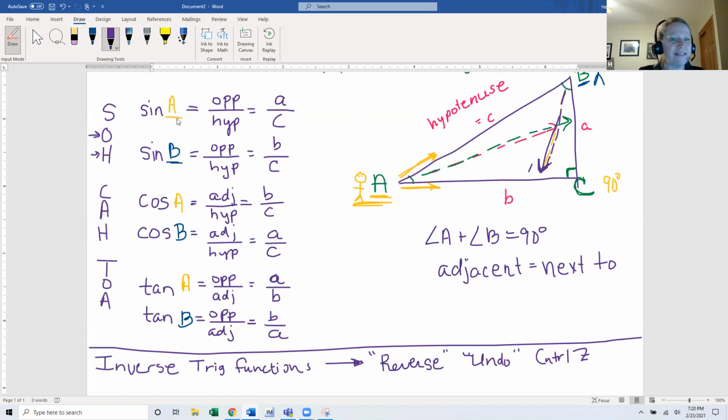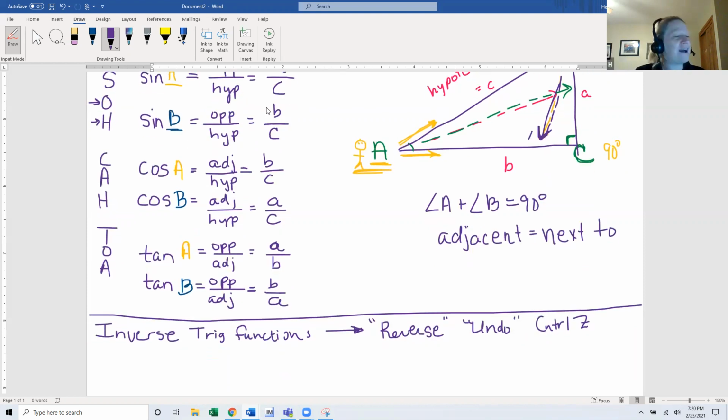If we want to find the angle, we need a way to break apart the trig function, sine, cosine, or tangent, away from the angle itself so that we can solve for it. Similar to what we did with the kinetic energy problem when we moved the 0.5 and the v squared away from the m. We need a way to break it apart.